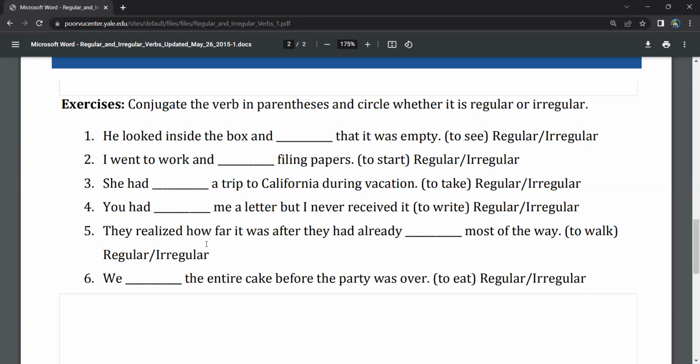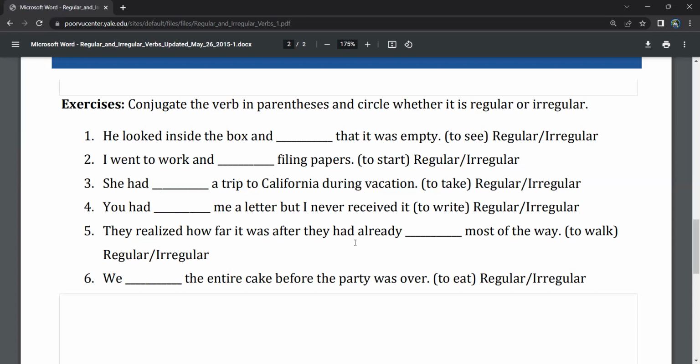How about in number 5? They realized how far it was after they had already blank most of the way. We're going to use for the infinitive to walk. What have you noticed?